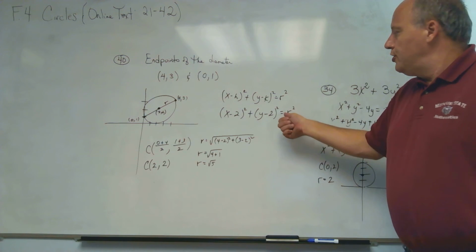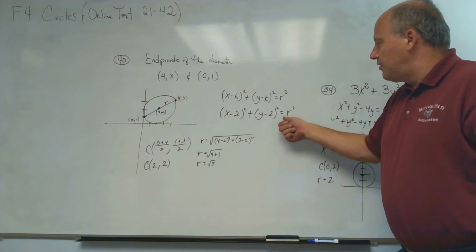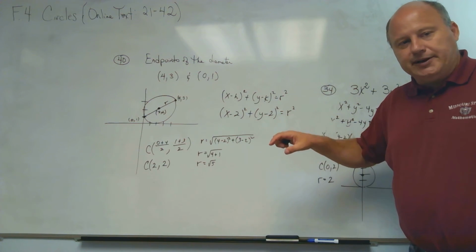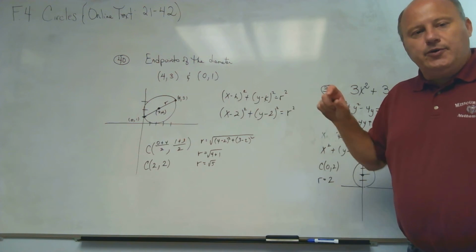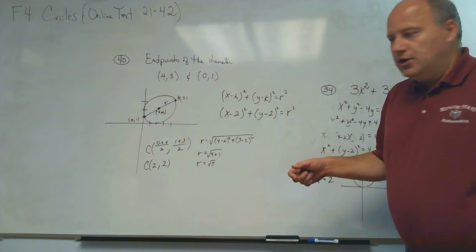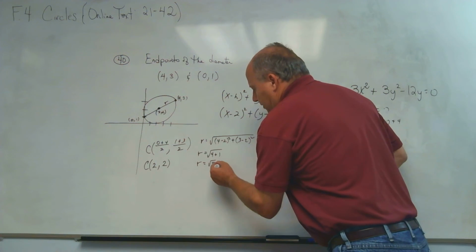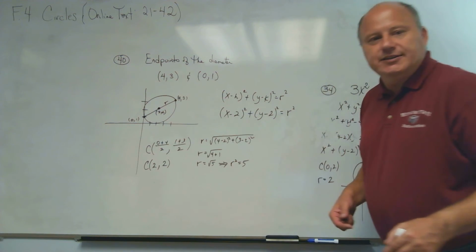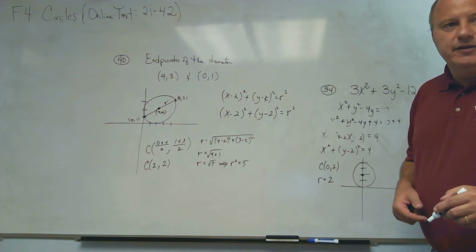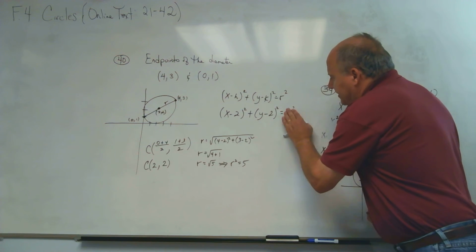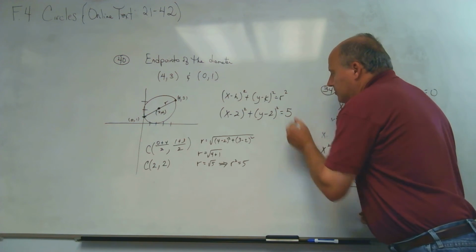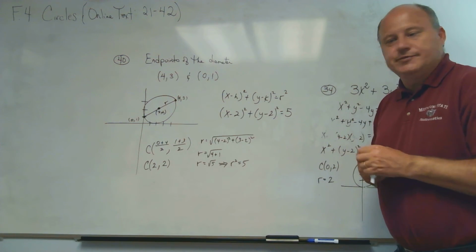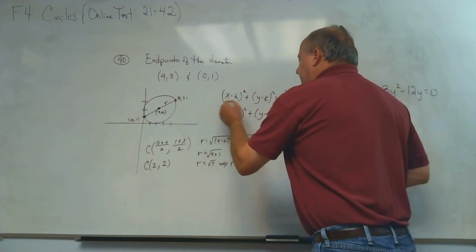The equation is set equal to r squared. So you don't care what r is in particular, you care what r squared is. If r is the square root of 5, then r squared must be 5, because you can square both sides. Then you just replace the r squared with the 5, and then you're done. So that's number 40.